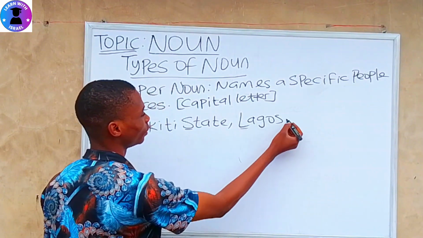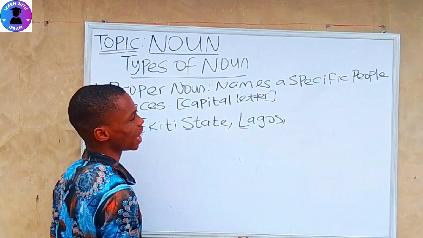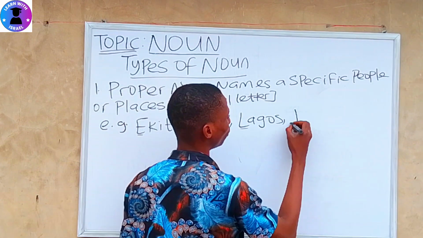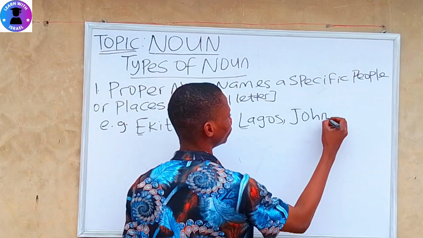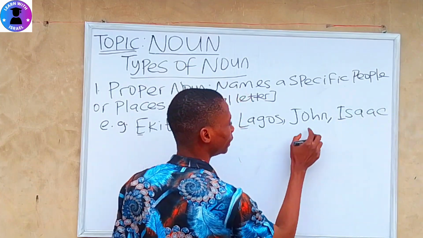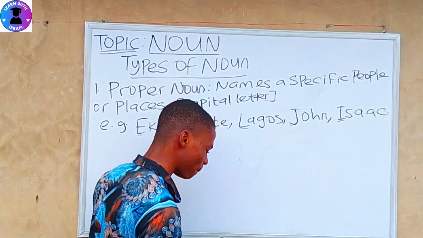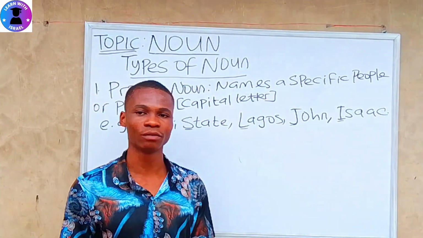They are starting with capital letter. That's how you can identify a proper noun. For people, we have John, Isaac. As you can see, John and Isaac are starting with capital letter. That's how you identify proper noun. I hope I'm clear with that.